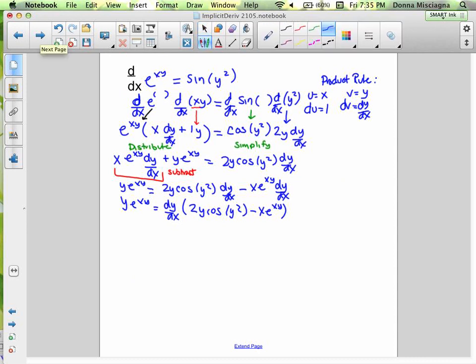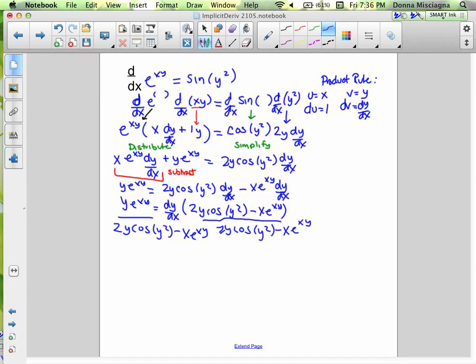So now we're just going to divide both sides by 2y cosine y squared minus, should have given myself more space. I got to squeeze it in here. Minus xe to the xy. And we'll do the same thing over here. 2y cosine y squared minus xe to the xy.